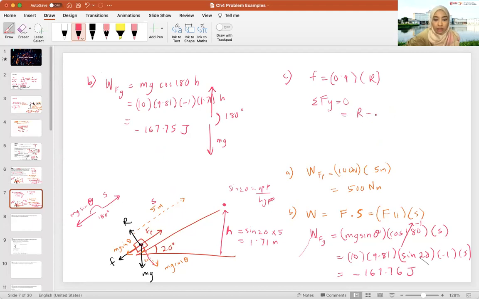Therefore, R minus mg cosine theta. Therefore, R is equal to mg cosine theta. So we defined our R. R is 10 times 9.81 times cosine of 20. So this is 92.18.